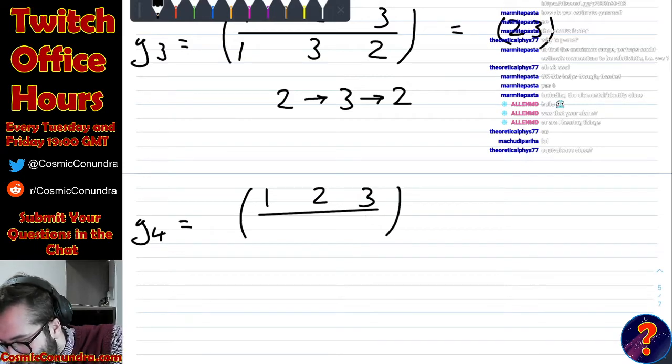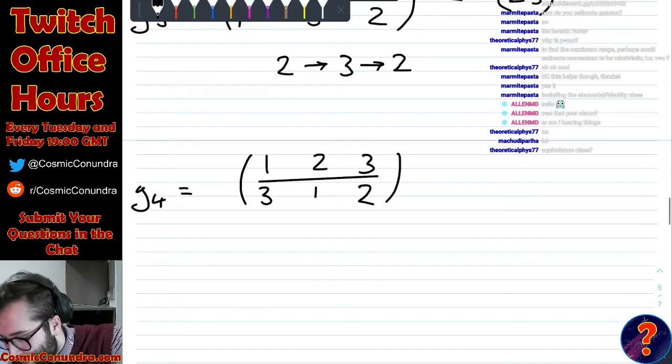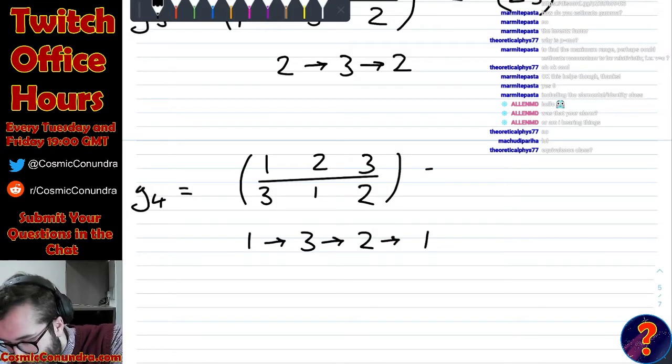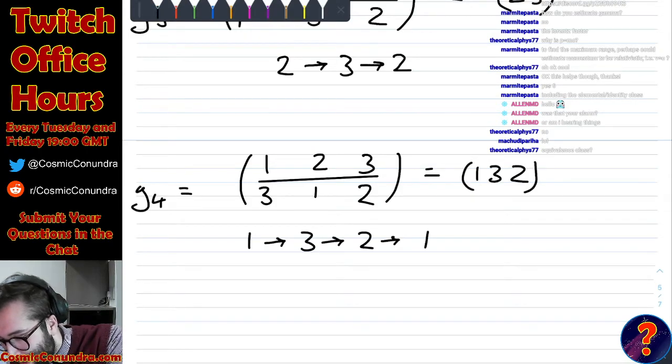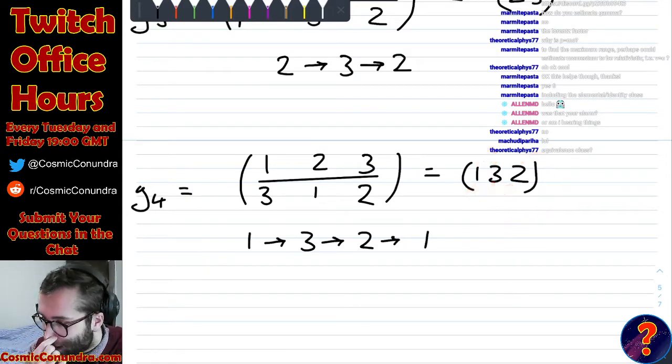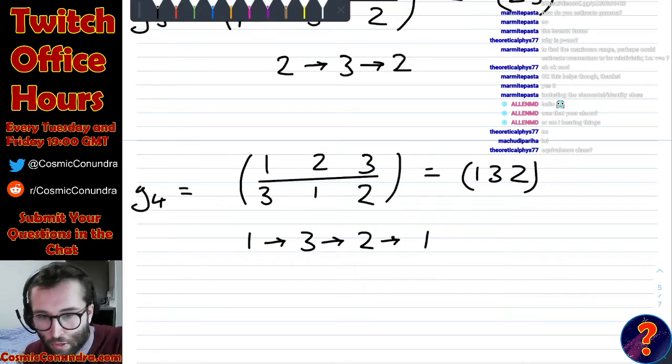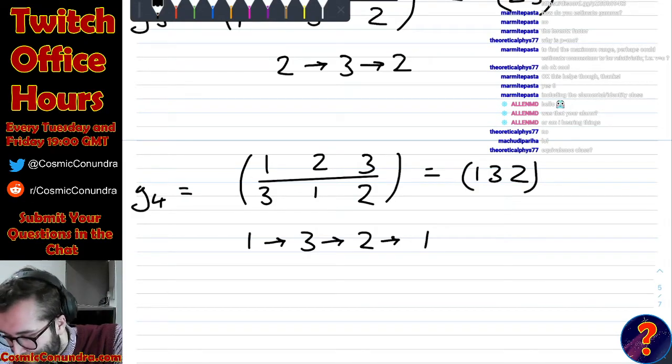Let's go 3, 1, 2. Now we've taken 1 to 3, we've taken 3 to 2, and we've taken 2 to 1. So we write that as (1 3 2). That means we've gone 1 to 3, then 3 to 2, and then 2 back round to 1. That's the meaning of this comma notation.